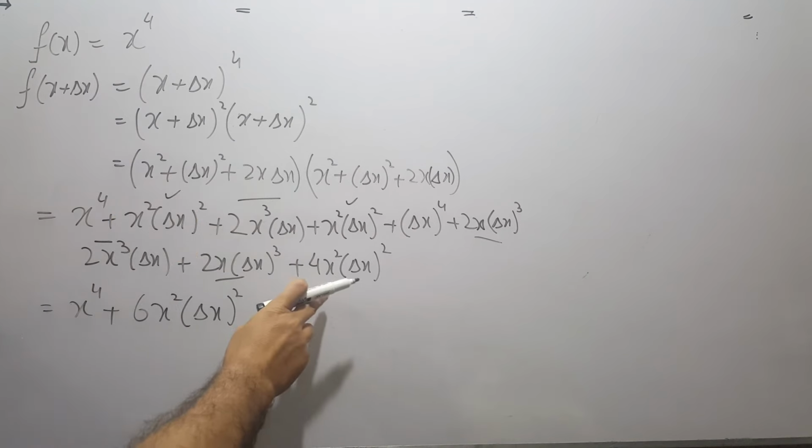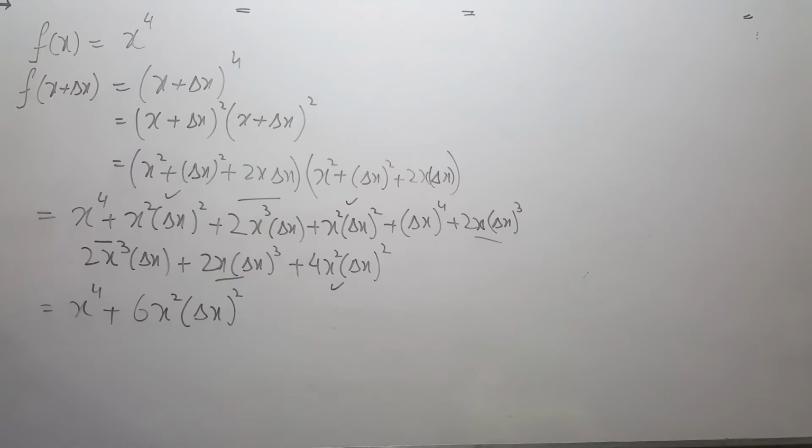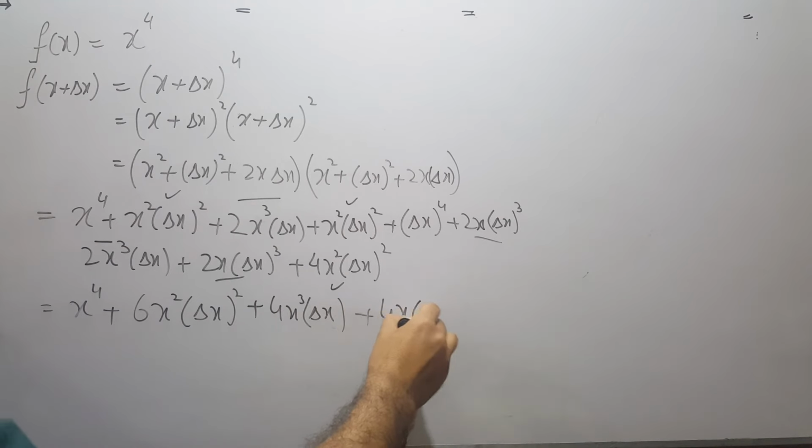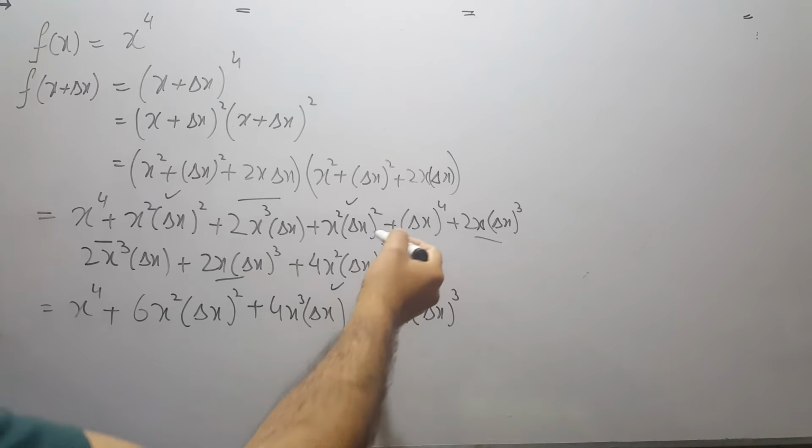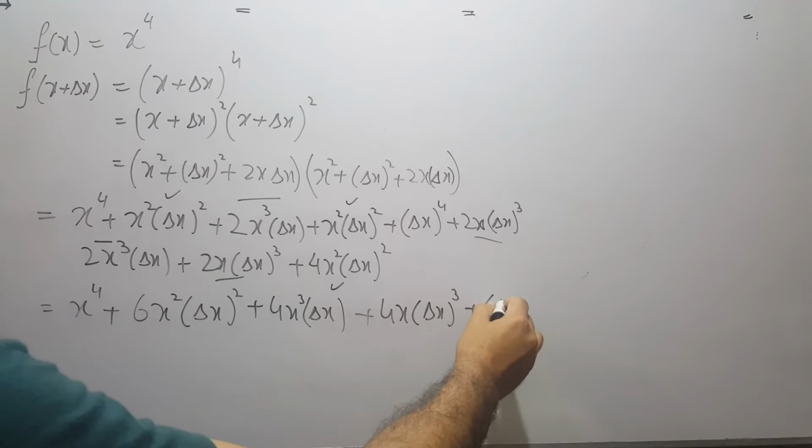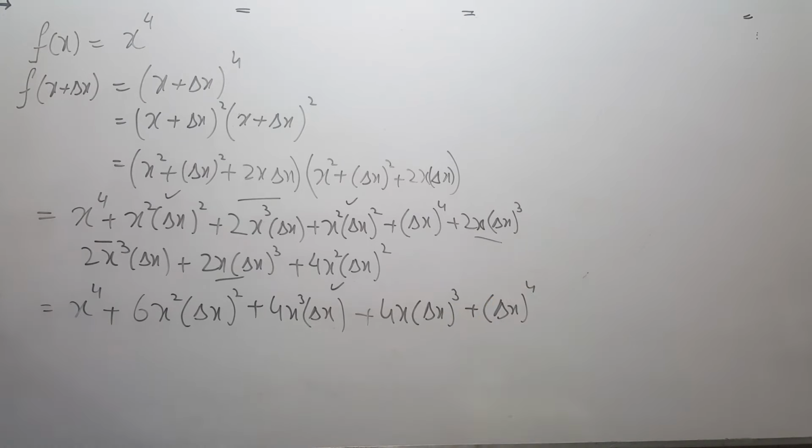So these are all gone. Then we have 2x cube delta x, 2x cube delta x, 4x cube delta x, and then this one is giving you 4x delta x cube, and finally we are left with plus delta x power 4.